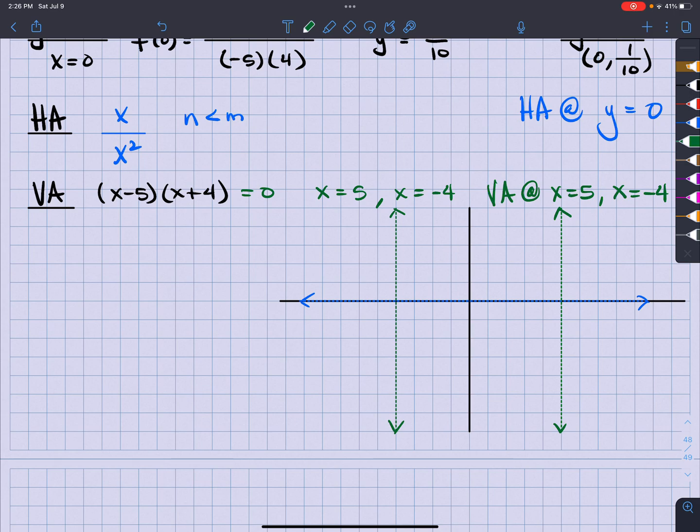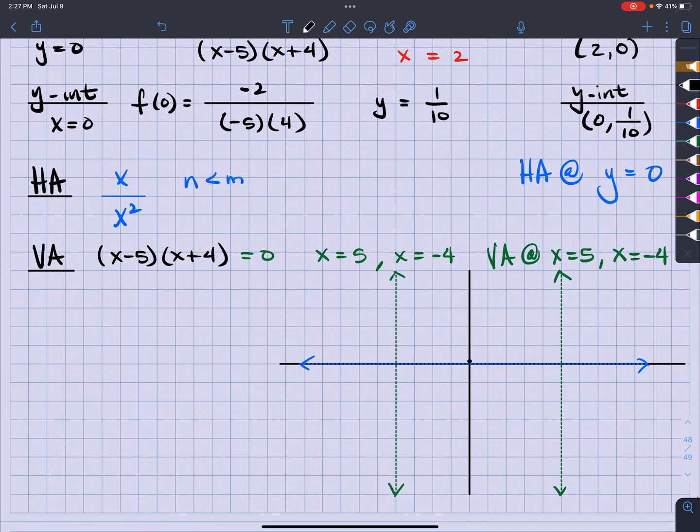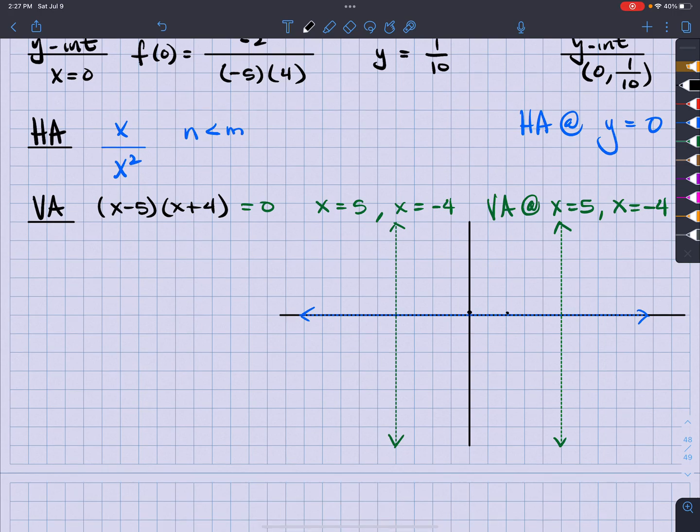And I have a y-intercept of 0, 1/10, so it's going to be somewhere right here, very, very close to 0, and 2, 0. So I got one here. So what I should do is make a table for the last step here. The table should be around the -4 and the 5.